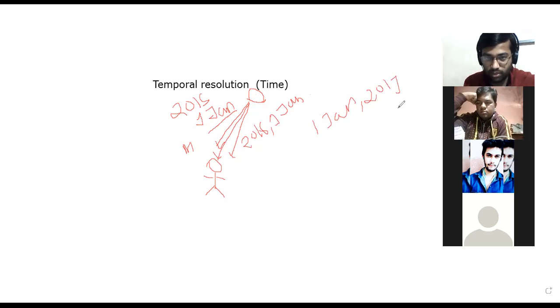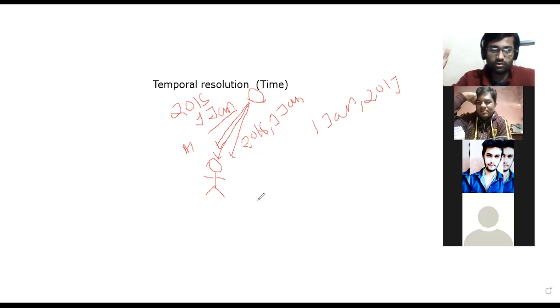Now I can compare the three imageries of Mayank, from 2015, 2016, 2017. Now I can see the growth. I can get information about the growth of Mayank.